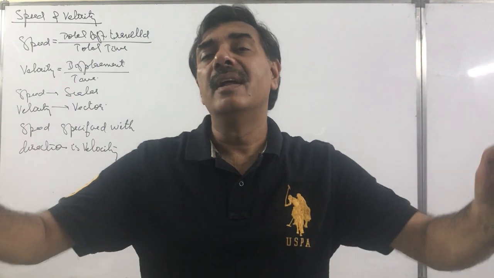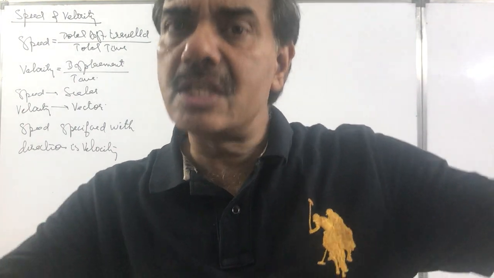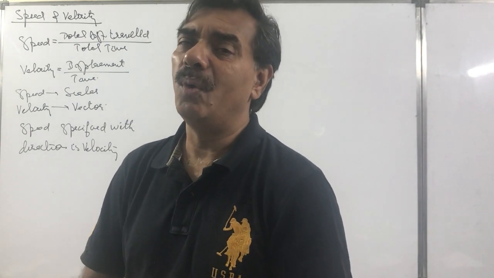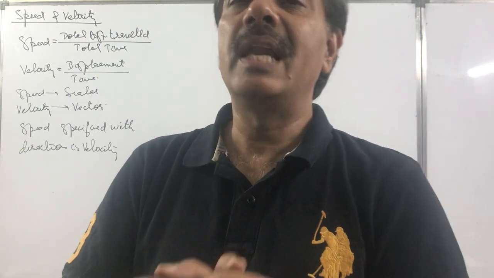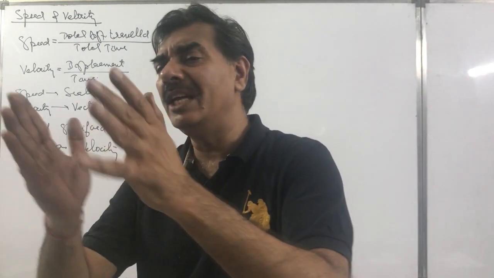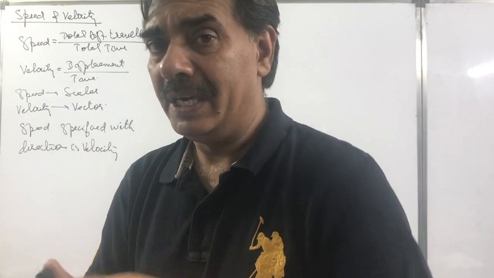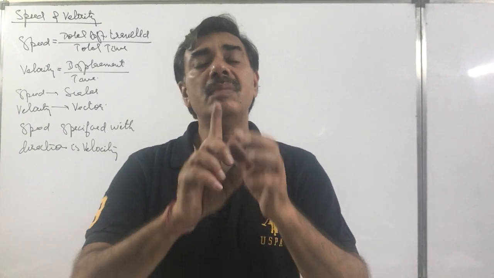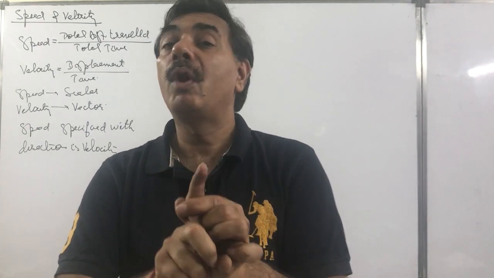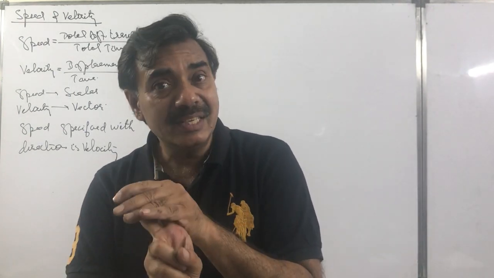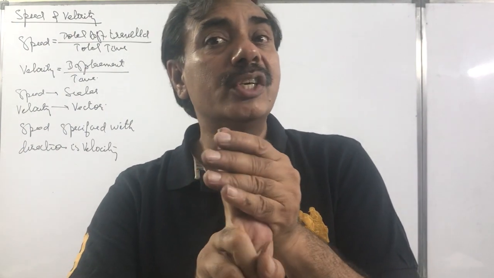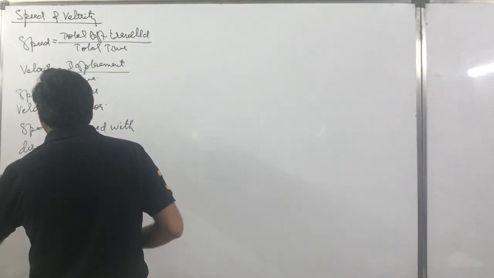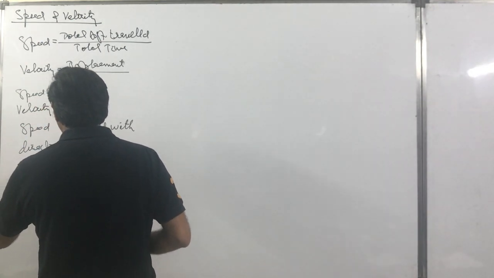But as we will do vectors, you will exactly come to know what is the meaning of velocity. Speed is the magnitude of velocity. Speed contains magnitude only. Velocity contains magnitude as well as direction, out of which the magnitude is speed.